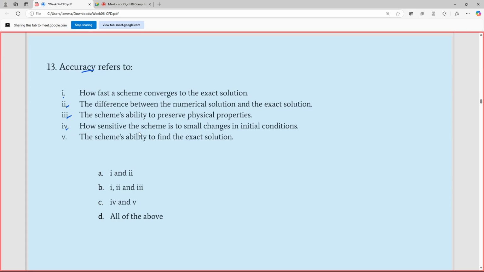Fourth condition, how sensitive the scheme is to small changes in initial conditions. Fifth condition, the scheme's stability to find the exact solution. So, which among the following does accuracy refer to? Options are conditions 1 and 2, option B, conditions 1, 2, and 3, option C, conditions 4 and 5, option D, all of them. You can try to answer the question.